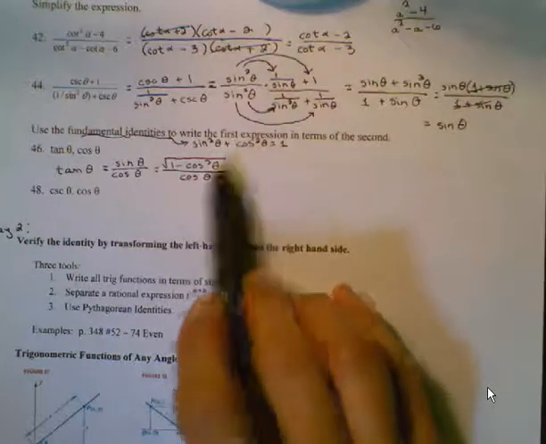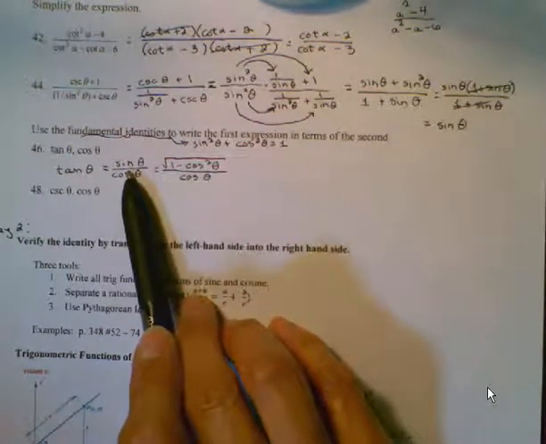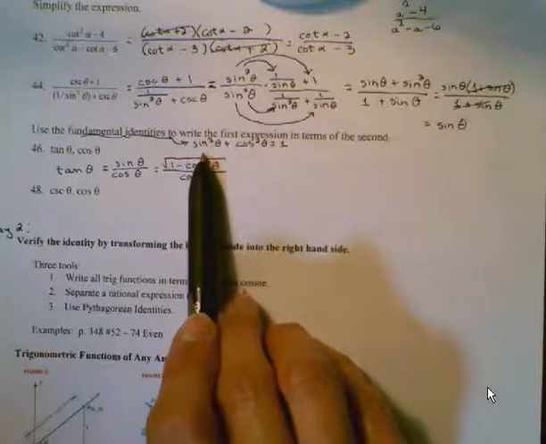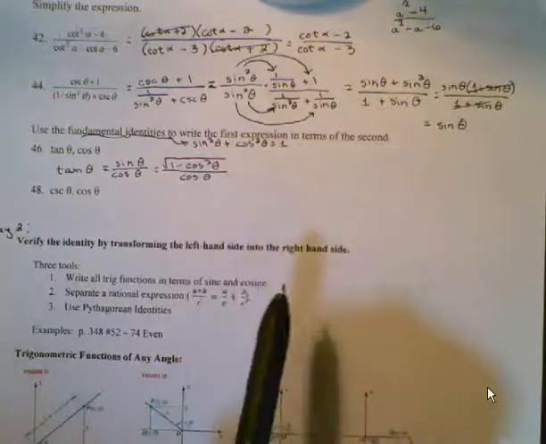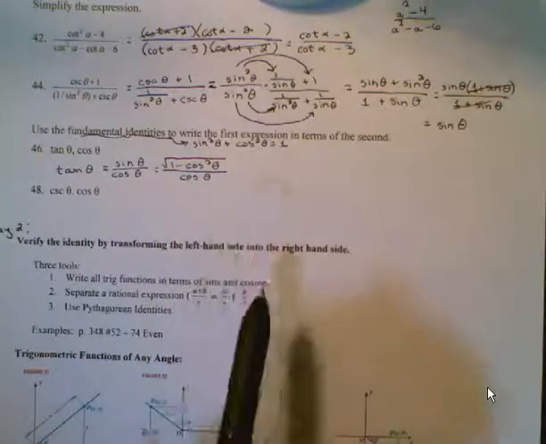Again, that was just from looking at sine and thinking of how to get it in terms of cosine, or solving this first Pythagorean identity for sine. Subtract the cosine squared from both sides, take the square root of both sides, then we have tangent in terms of only cosine.